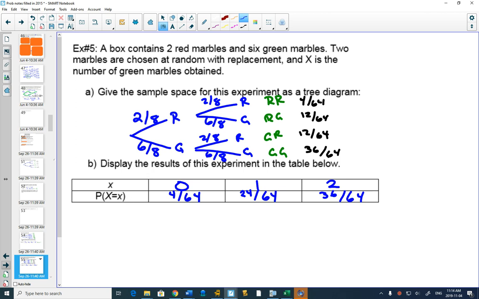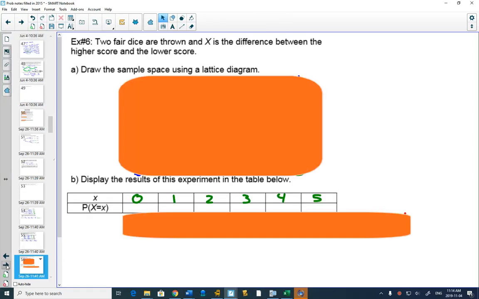This is the best way to check if you've made a mental math error somewhere along the way. Yes, they add up to 1, so it appears that we've done everything correctly. I'd like you to try this one on your own.